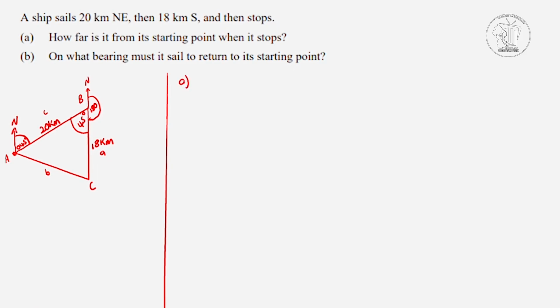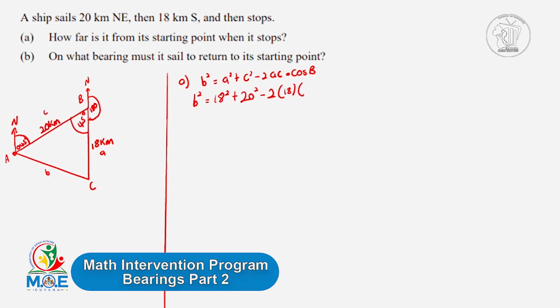So we can say b squared is equal to a squared plus c squared minus 2ac, all multiplied by cos B. So we work this out. b squared will become a squared, where a is 18, so this would be 18 squared, plus c squared, which is 20, so 20 squared, minus 2 times a, which is 18, multiplied by c, which is 20, multiplied by cos B, which is 45.